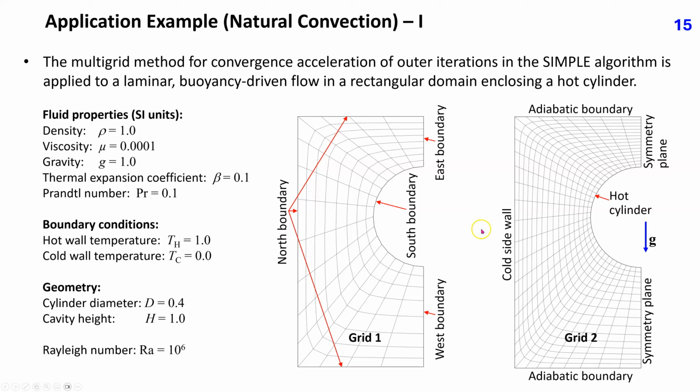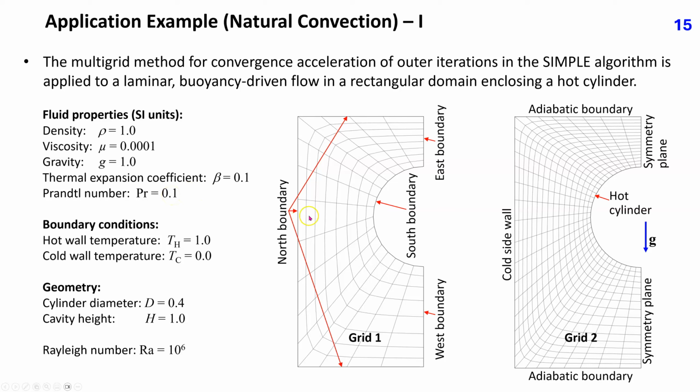The side walls are cold, while the top and bottom walls are adiabatic, that is, perfectly insulated with zero heat loss. A hypothetic fluid with properties listed here is used. Together with temperature of cold and hot walls and cavity dimensions, the Rayleigh number of 1 million is obtained. Because the Prandtl number is set to 0.1, this means that the Grashof number is 100,000.